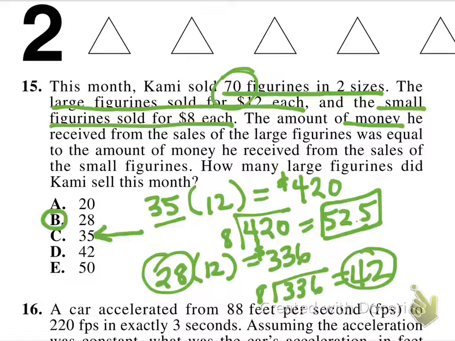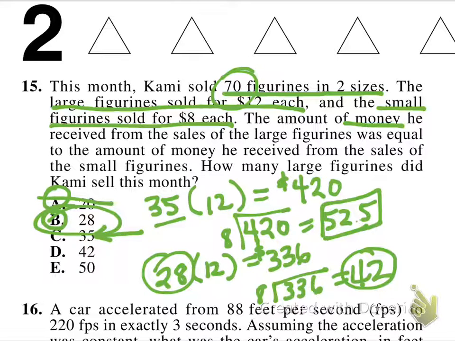Now, if that number had not worked out, if I had still had too many, then I could have immediately chosen A, and I wouldn't even have had to check it, because I knew that C didn't work. I knew that because it was too much. B didn't work for whatever reason, so it would have had to have been A. But since B did work, I didn't have to do that.